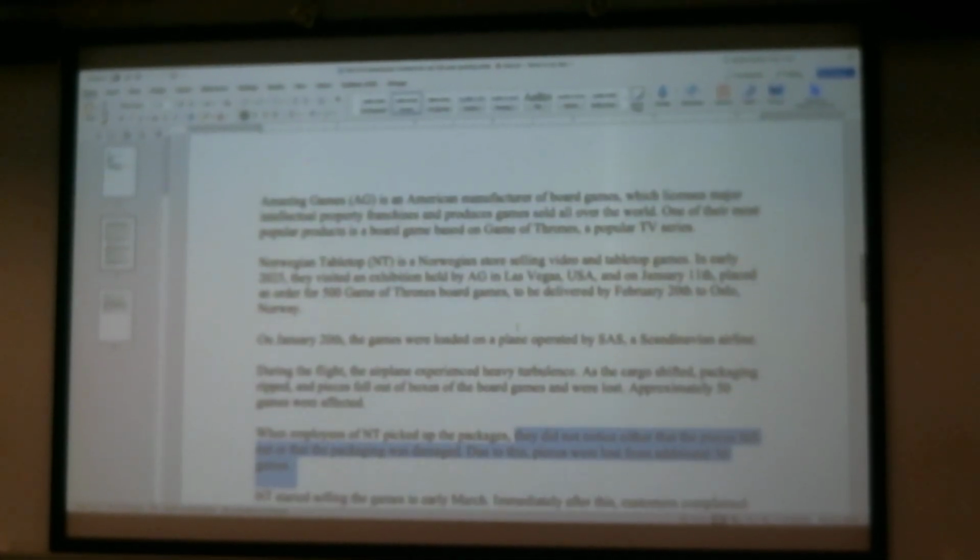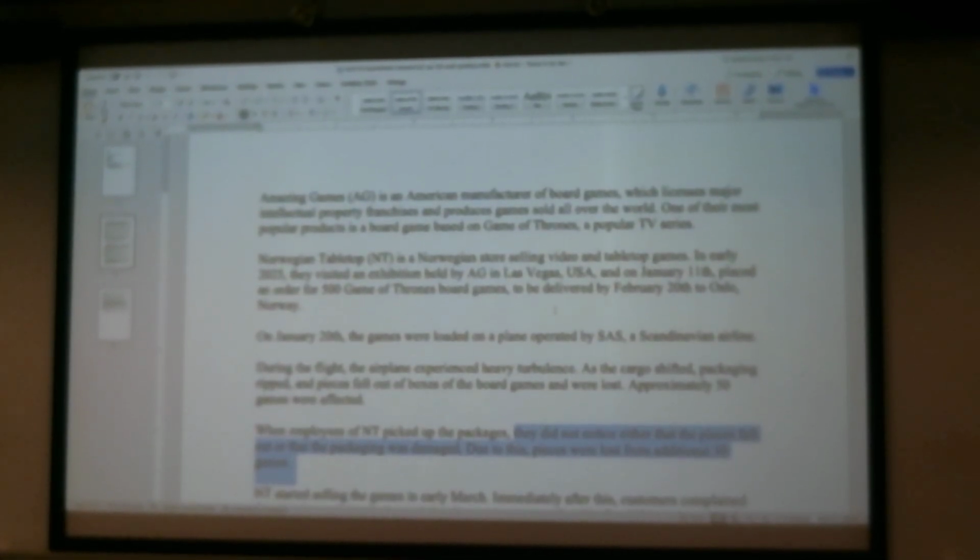But the point is simple. We have an American company selling board games. The packaging ripped on top during the plane ride, and some of the pieces ended up being lost. The question was, well, first, are the CISG terms applicable?